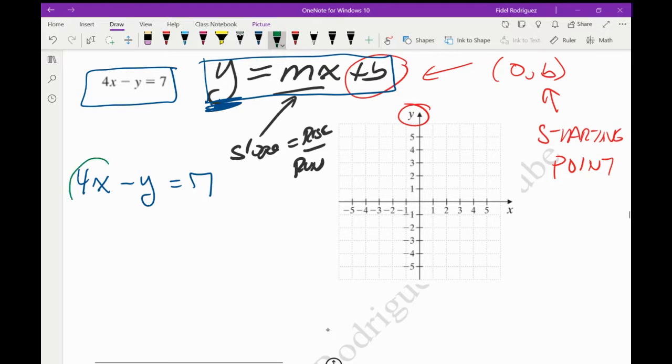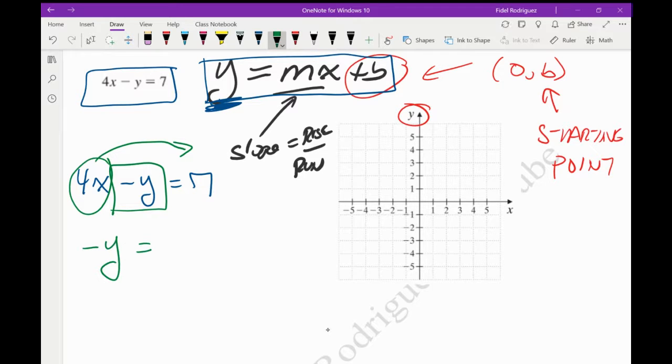So I'm going to take this 4x right here, and I'm going to move it to the other side. So if I move that over, this piece is still going to stay here. So I'm still going to have a negative y. Now remember, when I'm crossing the equal sign, guys, the sign of my term is going to change. So it's a 4x right now. It's going to become a negative 4x. This 7 was already on that side, so that one doesn't change. It stays a positive 7.